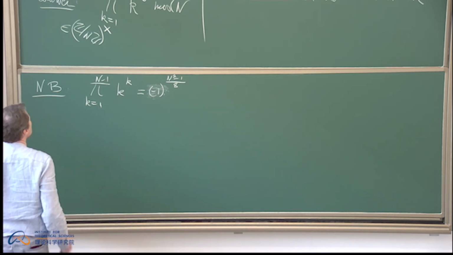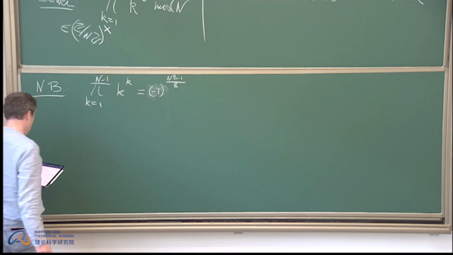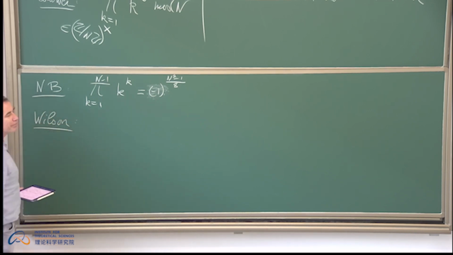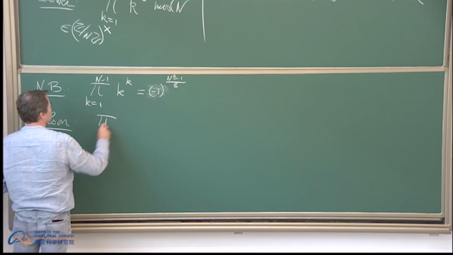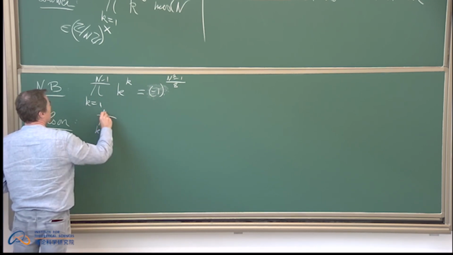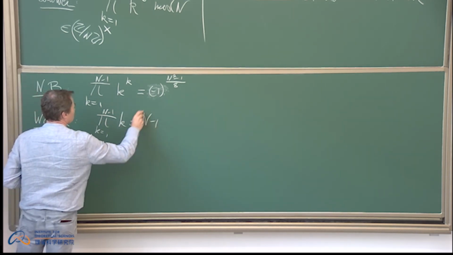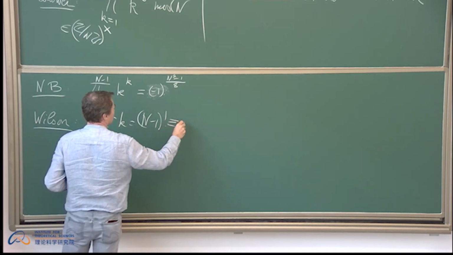So you might actually want to compare this to a classical elementary number theoretic statement, which is called Wilson's theorem. In fact, it was proved by Lagrange, which says that if you take the product of k, this is factorial (n minus 1), and this is actually congruent to minus 1.